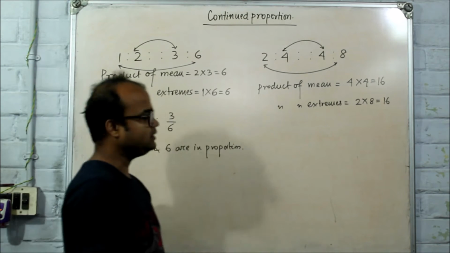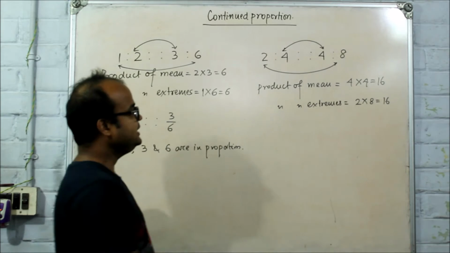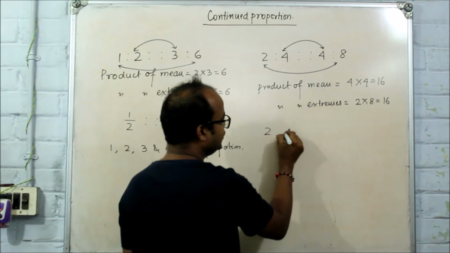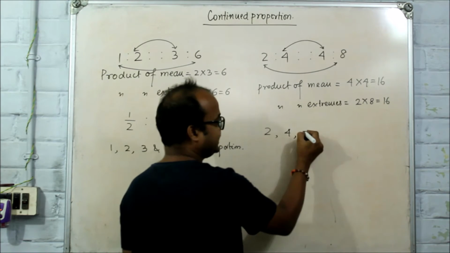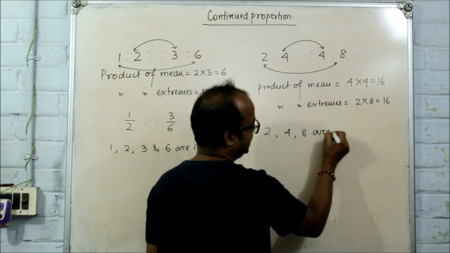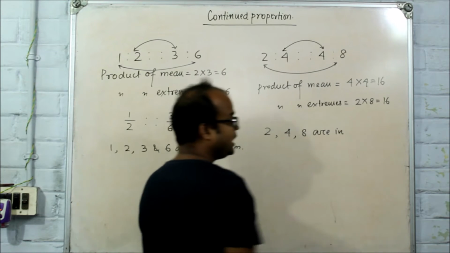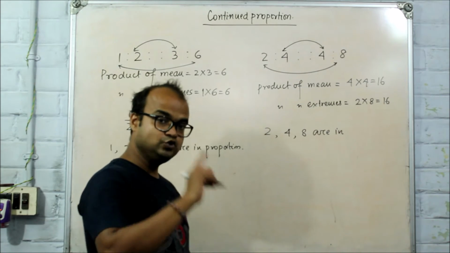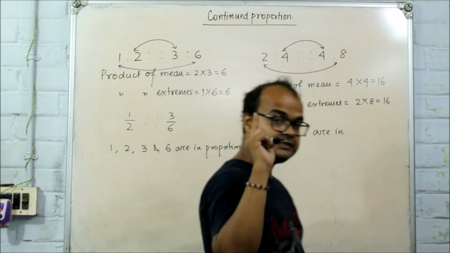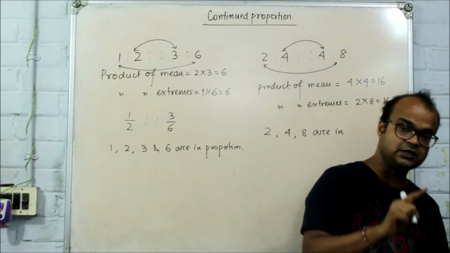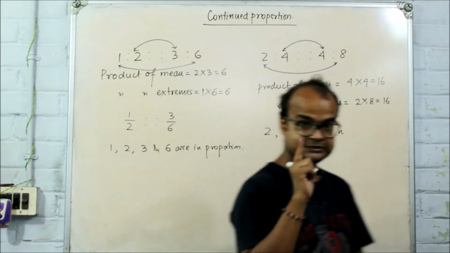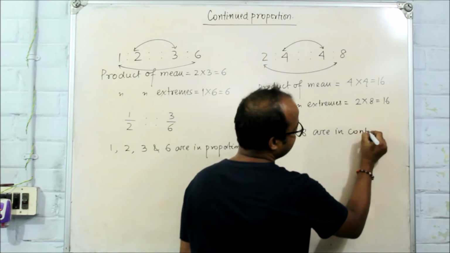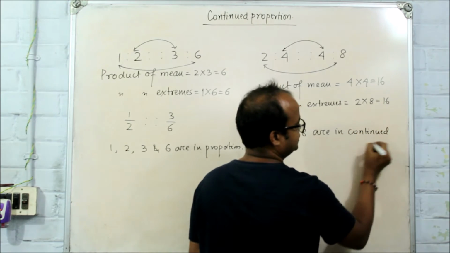In the same way, if I want to write this, so what do we write? 2, 4 and 8 are in proportion, because you can say 2, 4, 4, 8. That is the second number and the third number, that is, the means are the same. So we can say that 2, 4, 8 are in continued proportion.